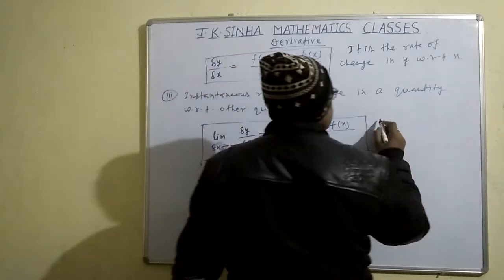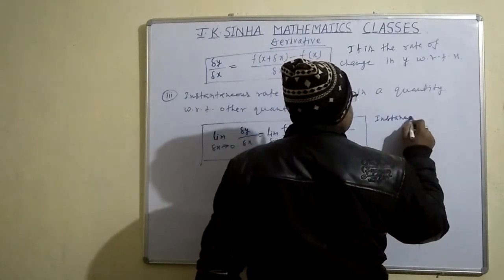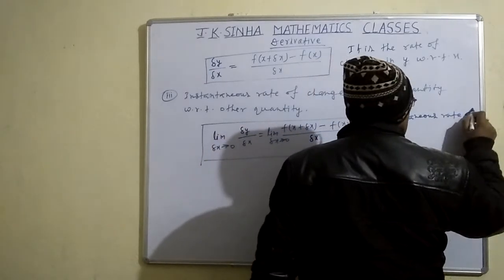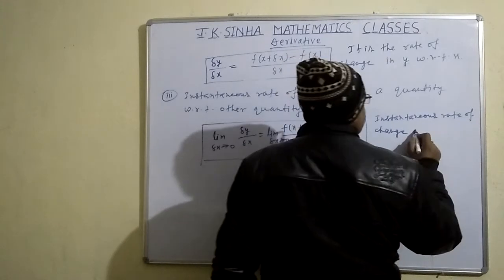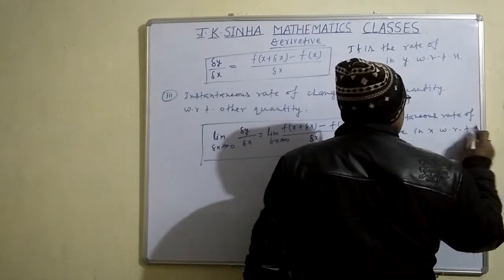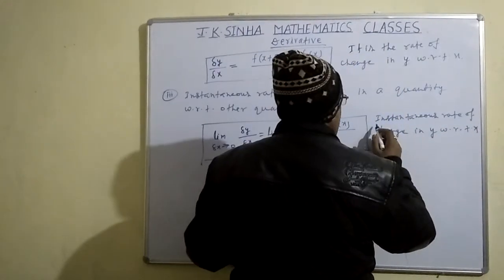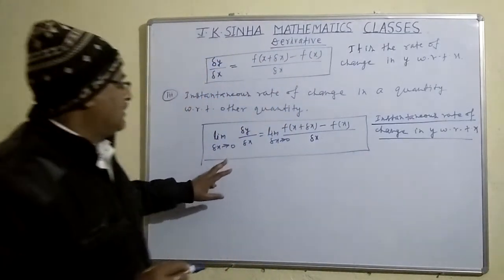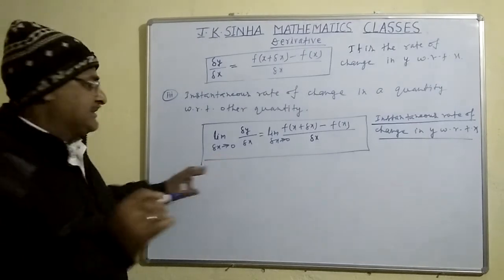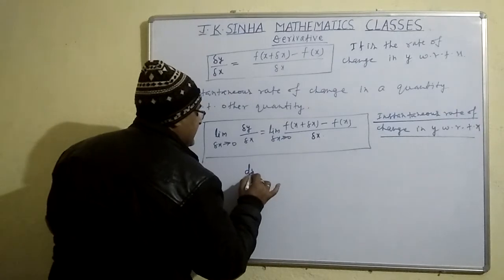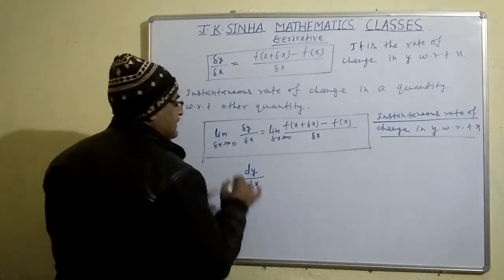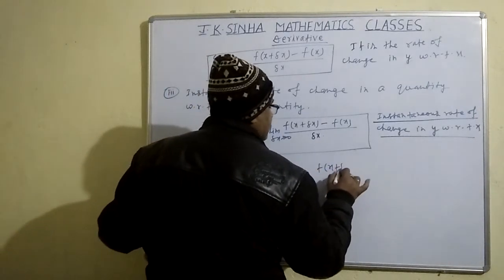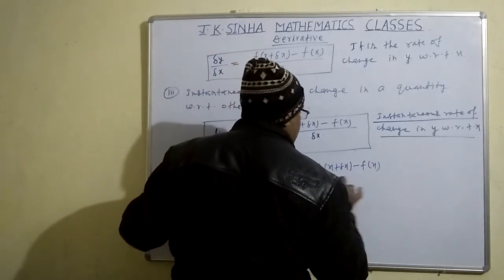It is the instantaneous rate of change in y with respect to x, because I have already told you that instantaneous rate of change in y with respect to x is also known as derivative of y with respect to x, and it is written as derivative of y with respect to x is equal to limit del x tends to 0 f of x plus del x minus f of x upon del x.